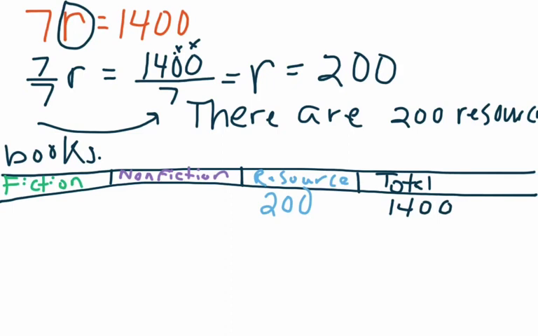For fiction, remember we had 4R, and for nonfiction we had 2R. So what did we say R was? 200.